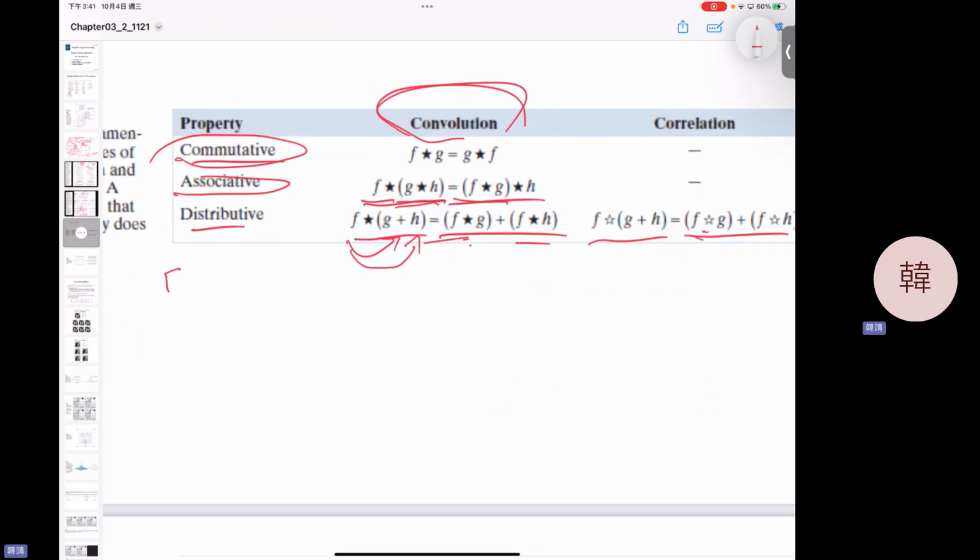Let's say I have a vector 0, 1, 0, minus 1 as your mask, and then correlated with 1, 2, 3, 4, 5. Very easy. Can you do that for me quickly? Just center to this one. This is your center, and then step by step.